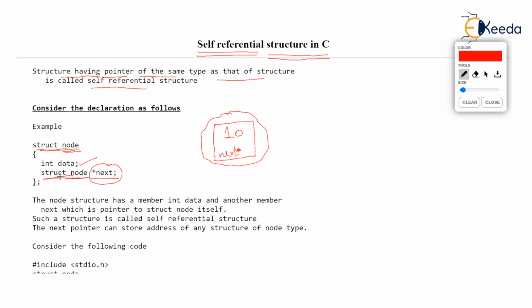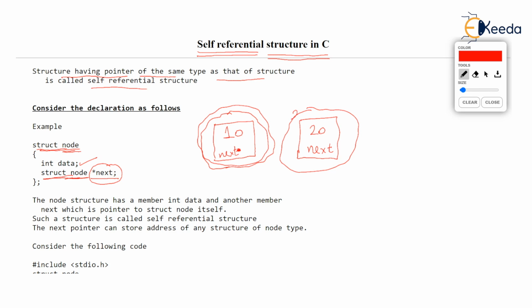So in the memory, suppose we have one more node structure. See, the type of this structure is node, and the type of this structure is also node. So this can also store some integer data, 20, and will have a pointer called next, another member. Now, whatever is the address of the second node, storing 20, maybe the address of this second node is 200.